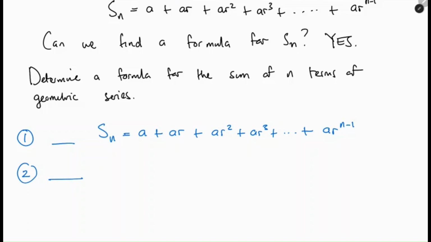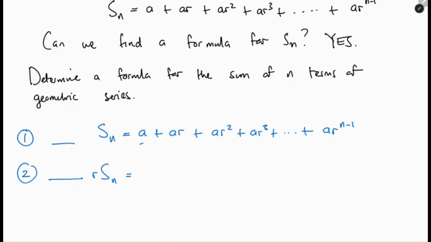I'm going to take everything from equation 1 and multiply it by r. So I'm going to multiply both sides by r. On the left hand side I'm going to have r multiplied by Sn, right? And then I'm going to multiply everything on the right hand side by r as well.